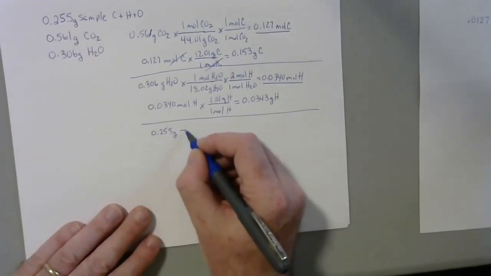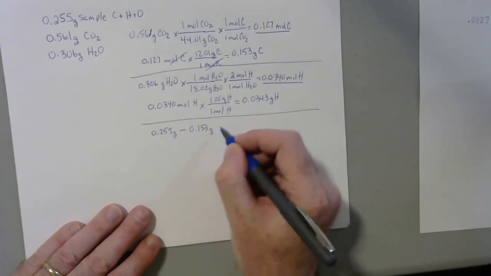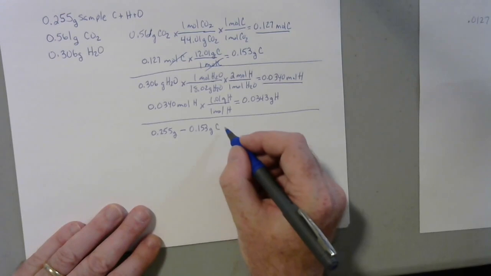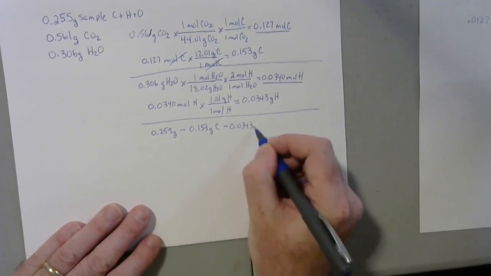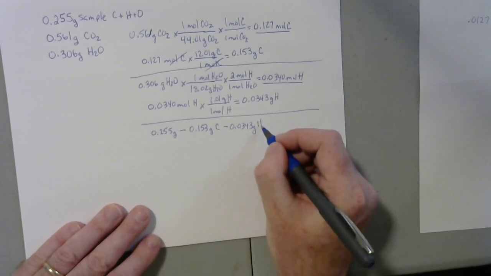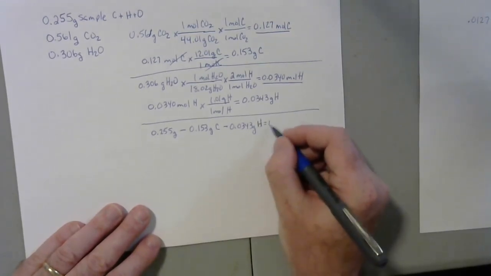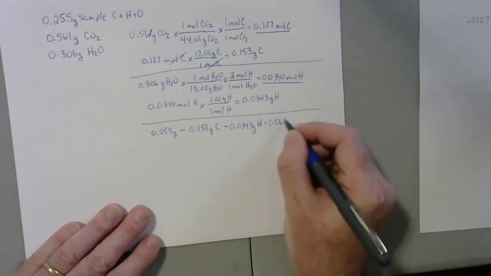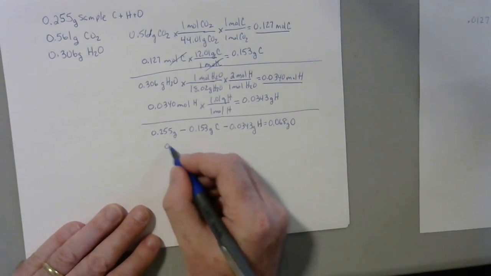And then we're going to subtract 0.153 grams of carbon minus 0.0343 grams of hydrogen, which will leave us with 0.068 grams of oxygen.